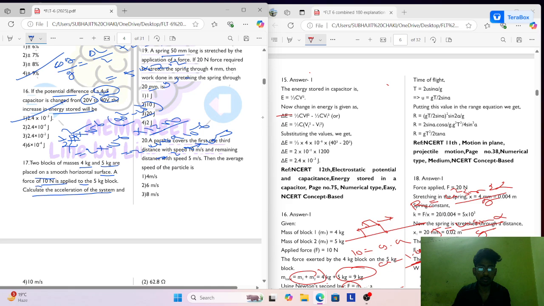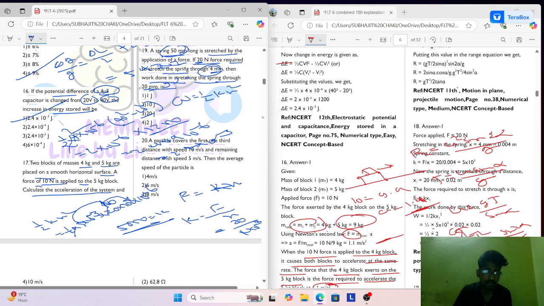So it will be equal to 1 joule. Therefore, our answer will be 1 joule.